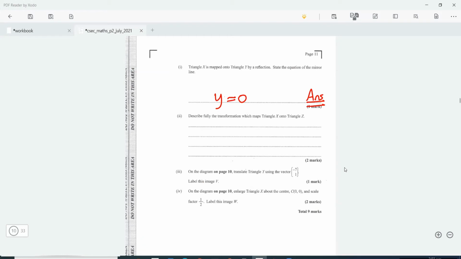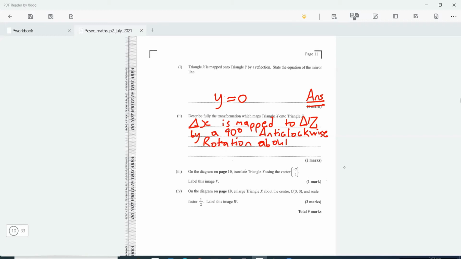We can write down that triangle X, I don't like to write out the words, I'm just going to draw a triangle and say triangle X is mapped to triangle Z by a 90 degrees anti-clockwise rotation about the origin. About the origin. That's the center of the rotation. That's your 2 marks right there.